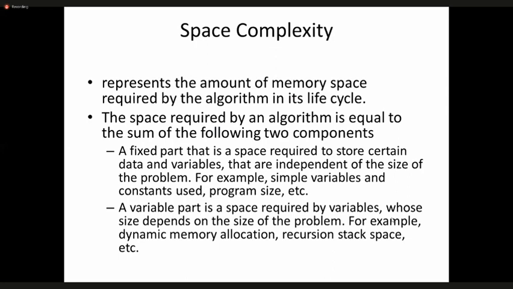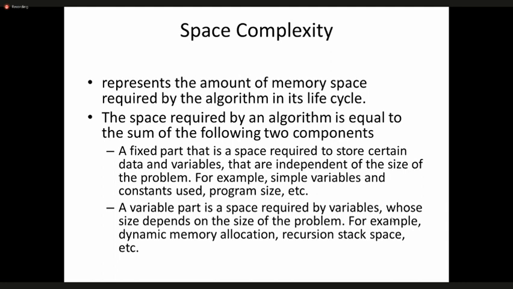Right, if we consider the space complexity, it will represent the amount of memory space required by the algorithm in its life cycle. The space required by an algorithm is equal to the sum of the following two components. One is the fixed part, that is space required to store certain data and variables. This will be independent of the size of the problem.